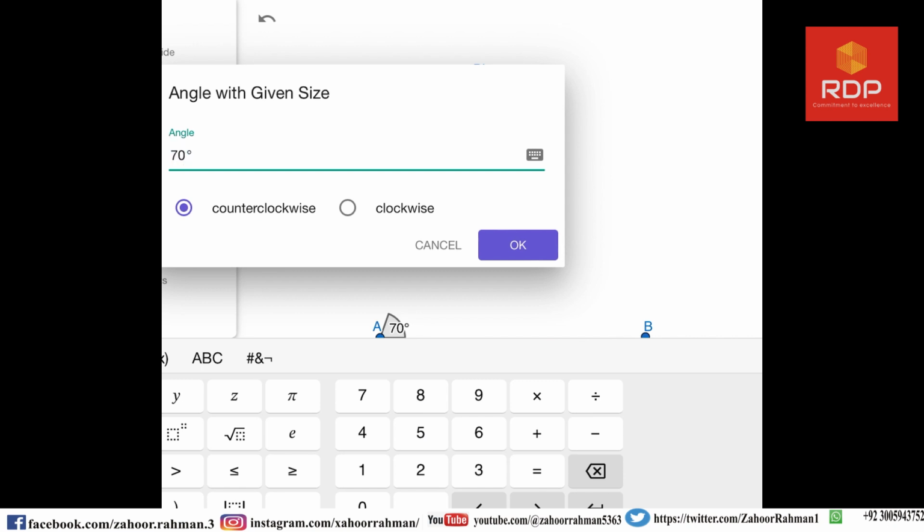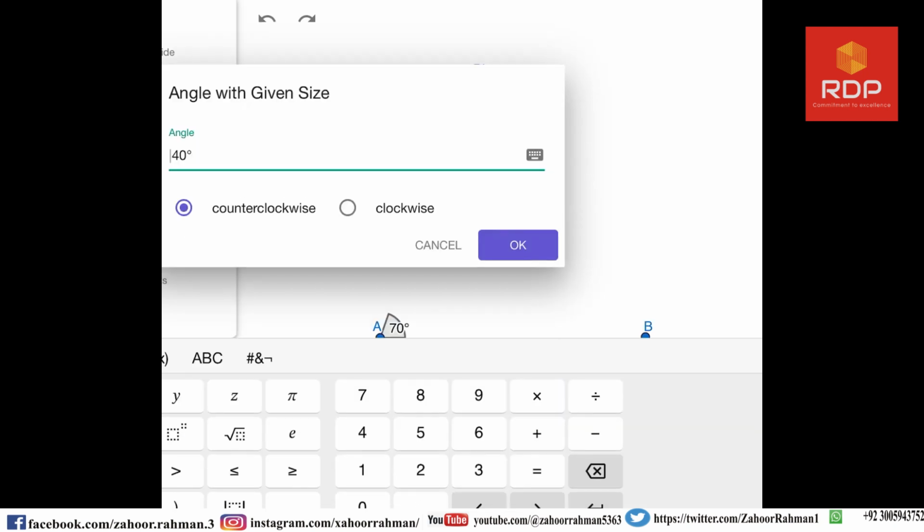So we have to write angle 40 here, and you saw that I not selected the clockwise, so it is in this direction. You can see it below, so we have to select the 40 degree, and here we have to select the clockwise, then we will be able to correctly portray it.